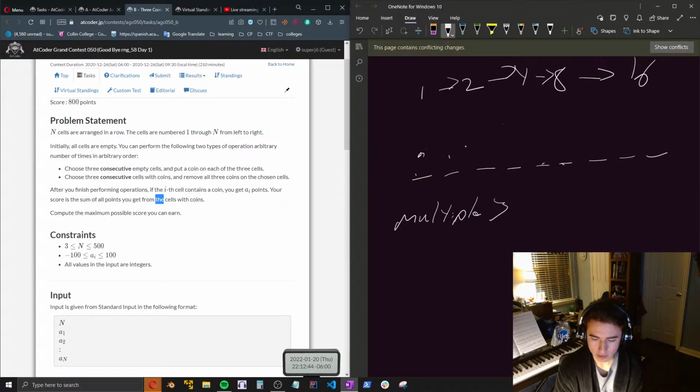Like, consider we have 1, 2, 3, 1, 2, 3. Of course, that's just putting down 2 different multiples, but then there's 2 in between here. Alright, consider the first group.